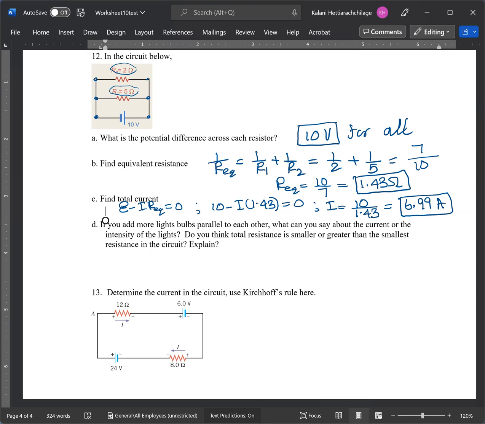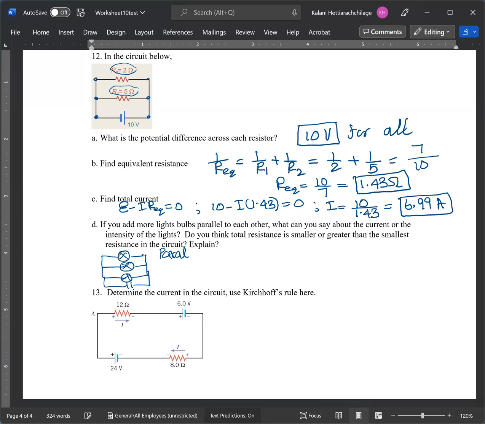Okay, part D, if you add more light bulbs parallel to each other, what can you say about the current? So now you have some idea. When they are parallel to each other, something like this, what will happen?